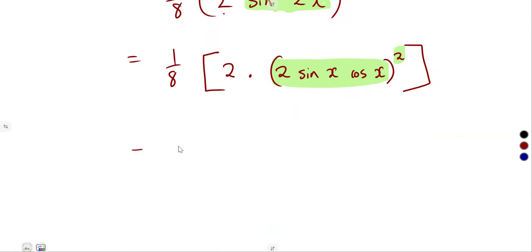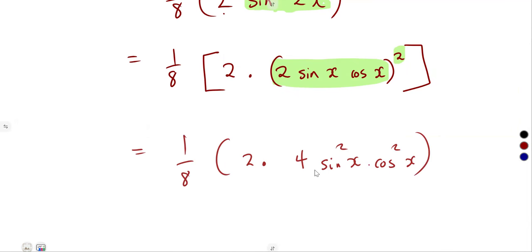Okay, let's figure out 1 over 8. If we are to square, the 2 is not affected. It's out of the bracket. So it's 2 times 2 squared, which is 4. Sine squared, everything is to be squared. The cos also has to be squared. So this is what you're going to get.